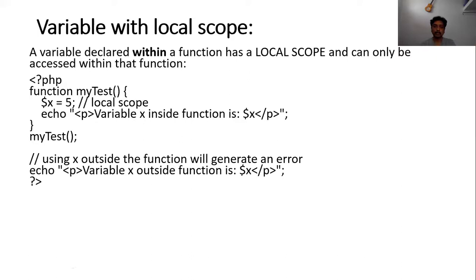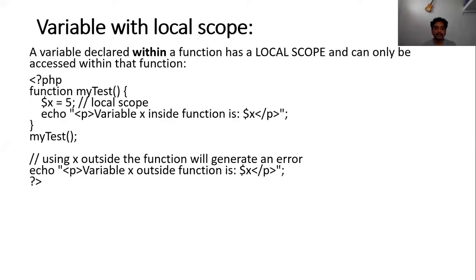Yes, sir. Okay. So if you predict the output of this, what will be the output here? Anybody predict the output of this? Echo variable inside the function, ಫಂಕ್ಷನ್ ಒಳಗಡೆ ಇರುವಂತ ಫಂಕ್ಷನ್ ಅದರಲ್ಲಿ x ವ್ಯಾಲ್ಯೂ ಏನ್ ಬರುತ್ತೆ, variable x outside the function, ಅಲ್ಲಿ ಏನ್ ಬರುತ್ತೆ x ವ್ಯಾಲ್ಯೂ? ಎನಿಬಡಿ? 5 ಮಾತ್ರ ಬರುತ್ತೆ ಸರ್. ಯಾವ್ದ್ರಲ್ಲಿ? ಲೋಕಲ್ ವೇರಿಯಬಲ್.